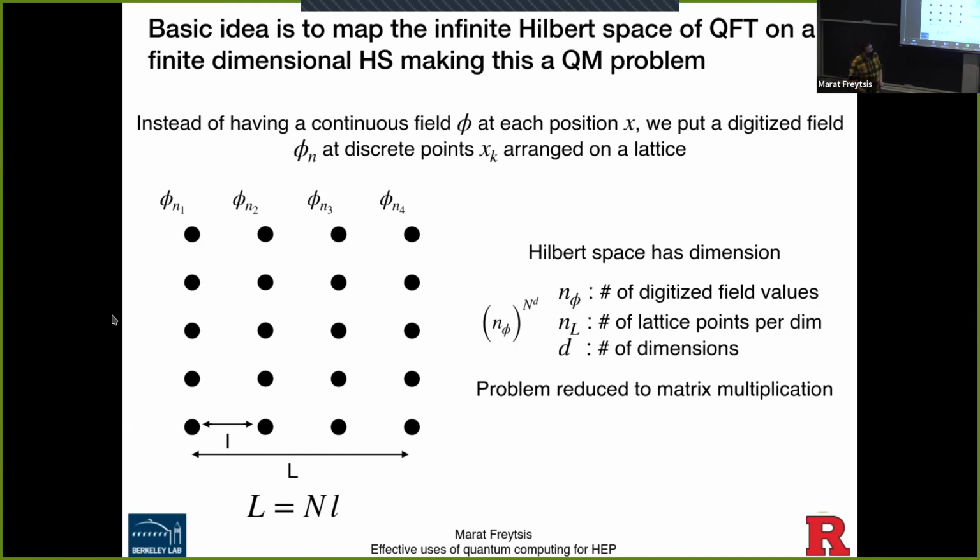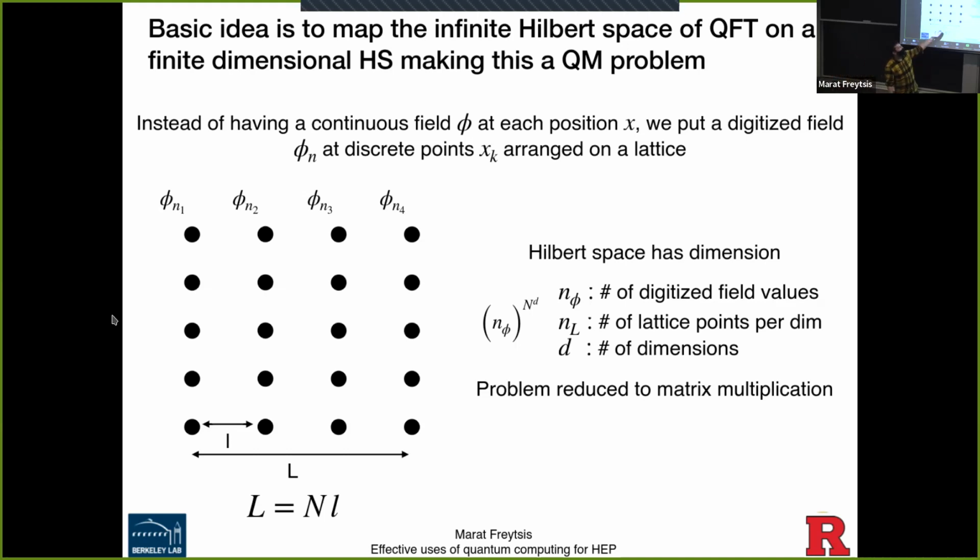Yes, so there's the discretization of space, which you have to do. But the additional ingredient that you need, as I mentioned earlier, is some sort of digitization of your field value so that ultimately the Hilbert space is finite.